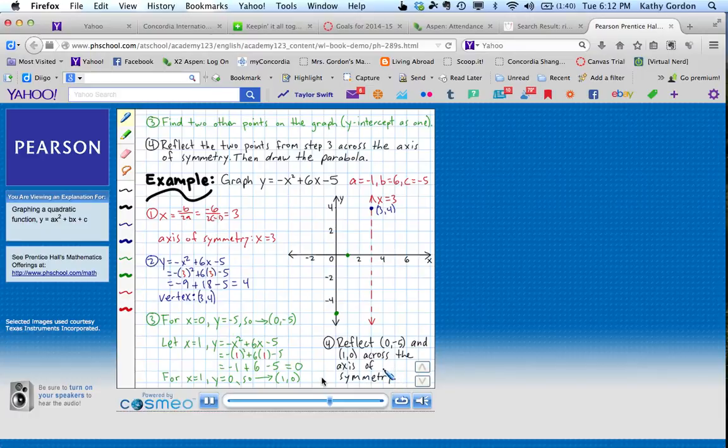Go ahead and take some time on your own to do that, and when you have the 2 reflection points graphed, hit the continue button to move on and wrap up the problem. Okay, so you can go ahead and do that on your paper. Hopefully you've been following along and graphing as you go. So go ahead and finish this out by reflecting those 2 points across the axis of symmetry.